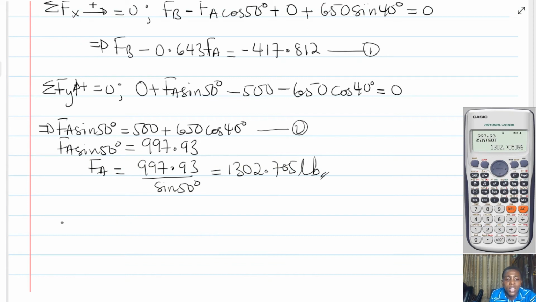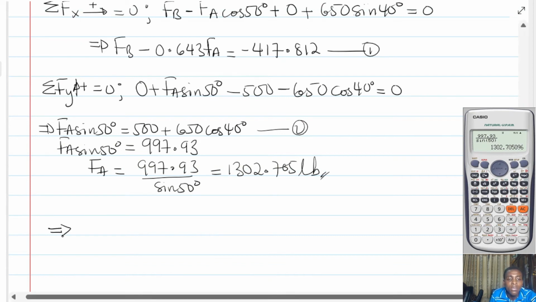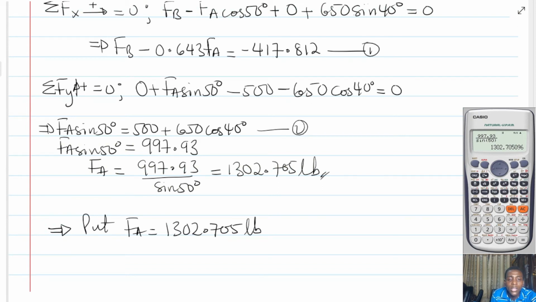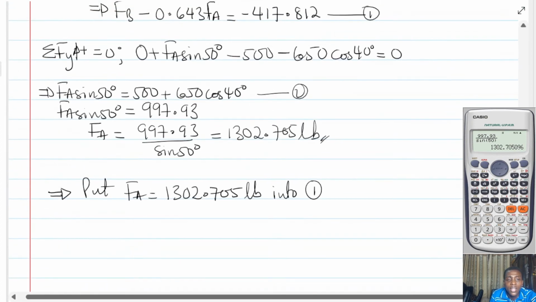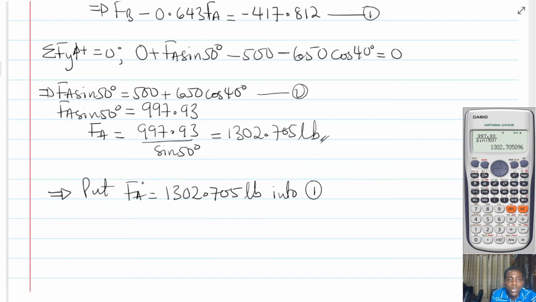Let's calculate the force in rod B. So we put FA equals 1302.705 pounds into equation 1.